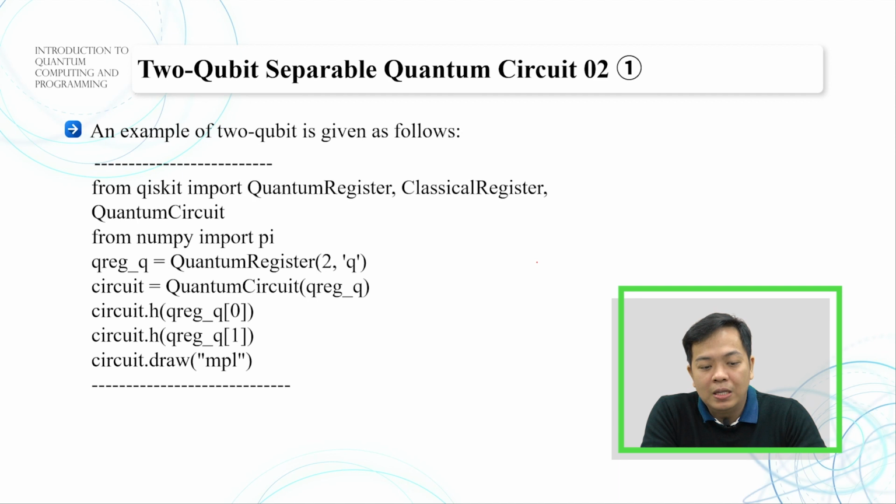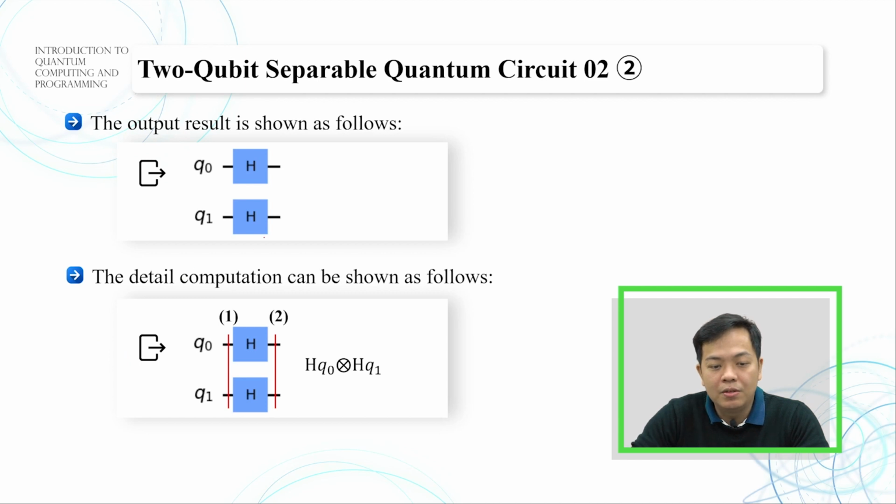Now here is one more example. We can add a gate for qubit 1. You will see the previous one did not have a Hadamard gate on Q1, and now we add a Hadamard gate for Q1. You can see the detailed computation after you add it.